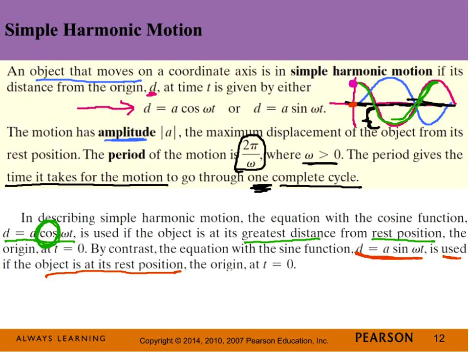So hopefully that makes sense as to when you're going to know to use either the cosine, when the object begins at its greatest distance away from the resting position, or the sine function when it begins at its resting position. And your t is your time.